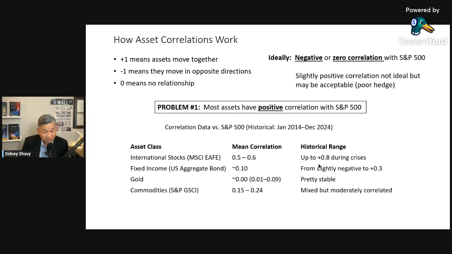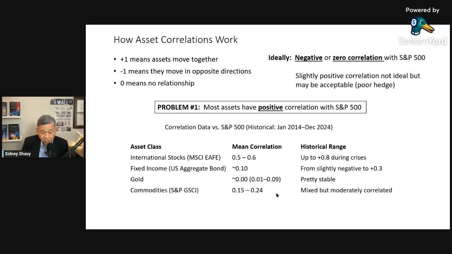It varies, and especially during crisis, their behavior is not the one that we expect. Fixed income ranges from slightly negative to 0.3 plus. So it's okay. As I said, it's not a perfect hedge and not exactly what we wanted, but it's still acceptable in most cases.